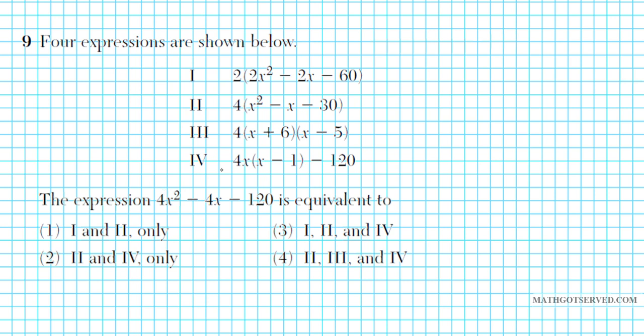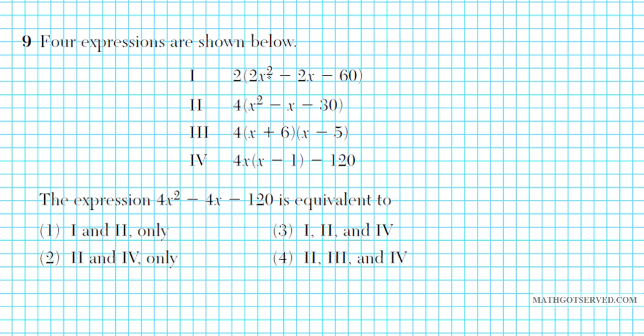Okay, don't try and go backwards because some of the factorization methods that I use here are not common. Okay, but expanding them is an easy way to really determine if they are equal to this expression. So I'm going to work forward, not backwards. All right, let's start with option 1.